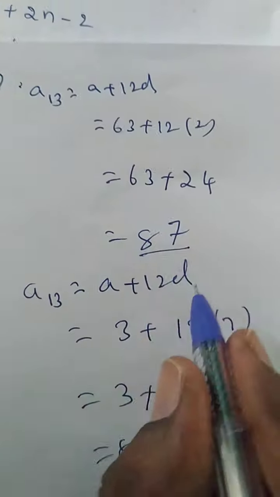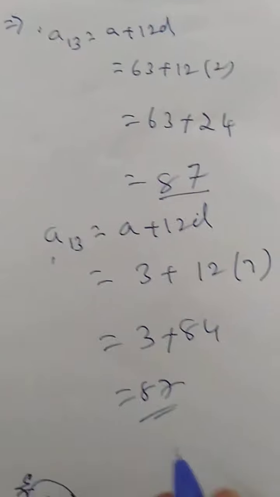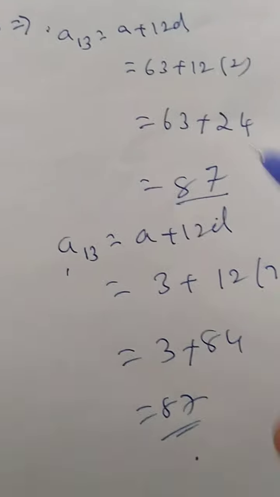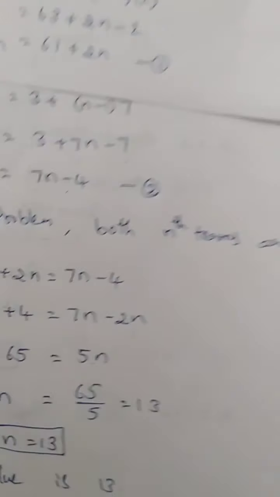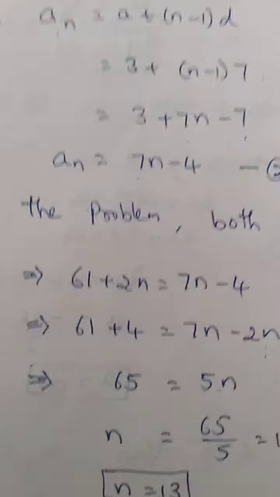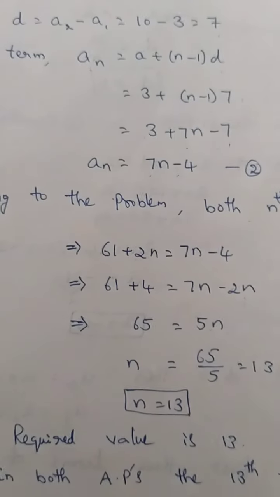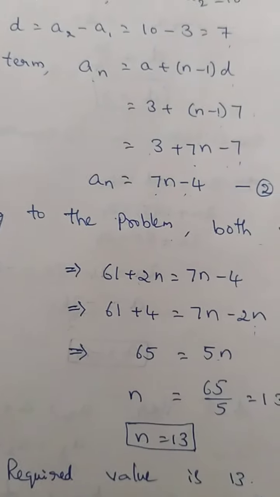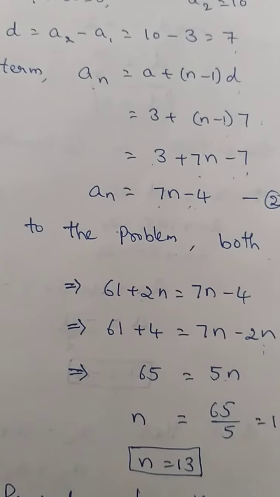Here the 13th term is 87, and here the 13th term is 87. So both the 13th terms are the same. This is just the checking process. This is the procedure to solve the given question: we equalize both nth terms to find which term is equal in the given question.